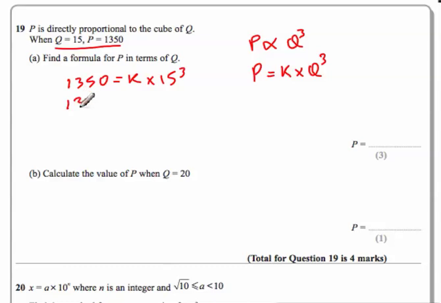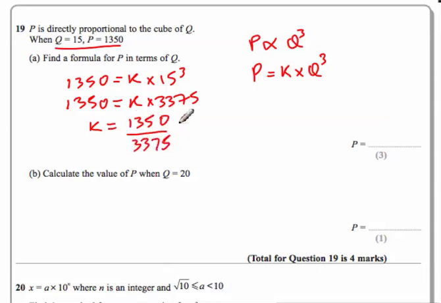So I've got 1,350 equals K times 3,375, which means that to find K, I just need to do this divided by that. So K will equal 1350 divided by 3,375. Okay, so that's 1350 divided by 3,375, which I make out to be 0.4.